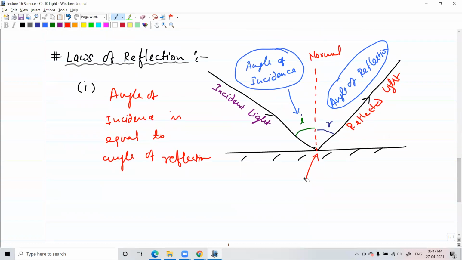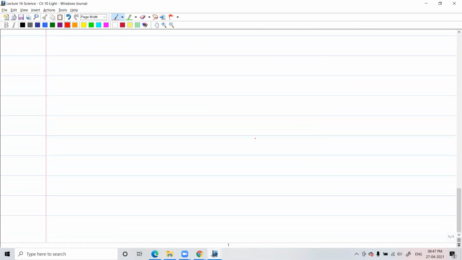Before that, first of all, tell me guys, everyone understands this, right? Yes, sir. Angle of incidence is equal to angle of reflection. So let's say I give you a simple example. Let's say this is a shiny surface or a mirror.